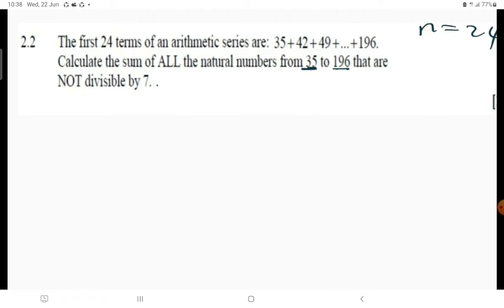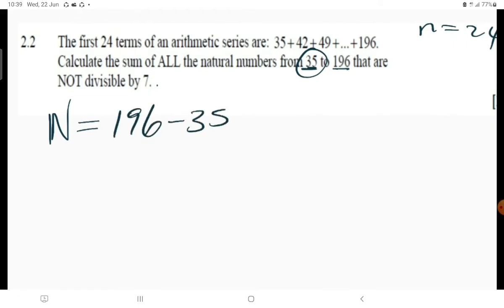So the idea is to first find the sum of all the natural numbers. The number of natural numbers that we have from 35: we just say 196 minus 35. We are going to get a number, but remember that 35 is also included, so we just add 1, which means it's the same as 196 minus 34.